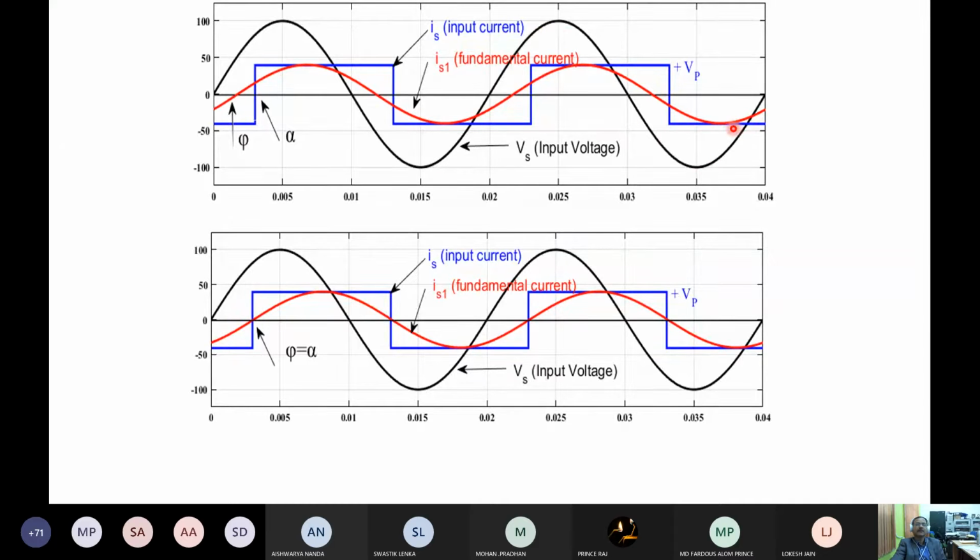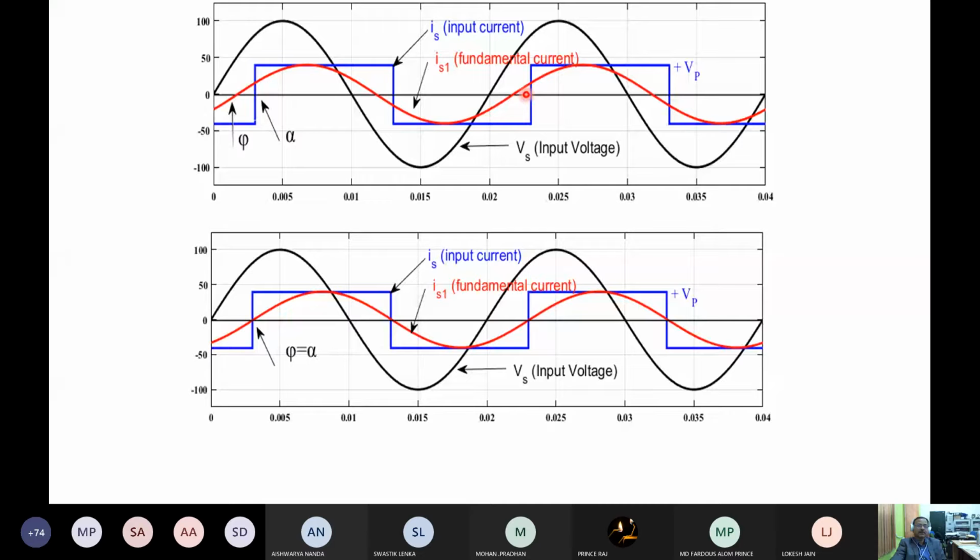However, if we assume that the load current is continuous and ripple free, the source current will be a square wave. The square wave contains a fundamental component and other harmonic components. Here there is half wave symmetry, so even harmonics will not be present.